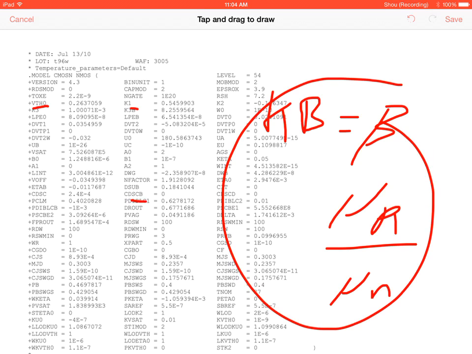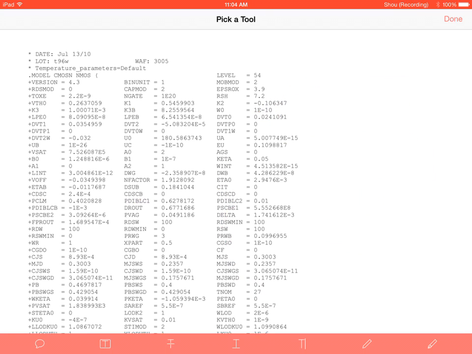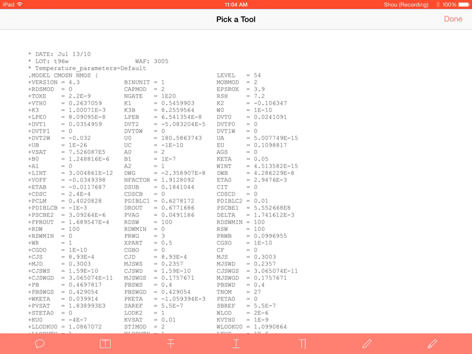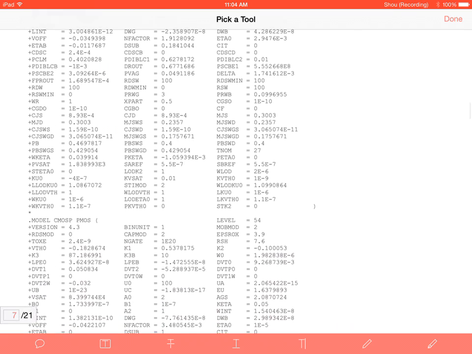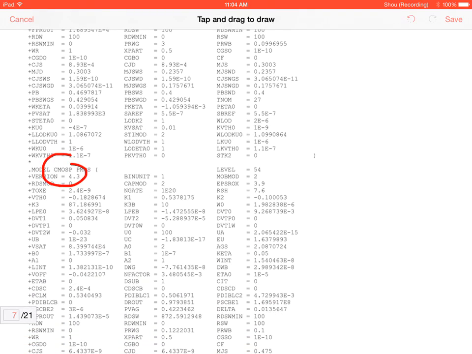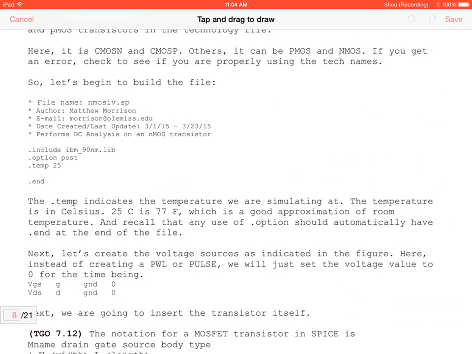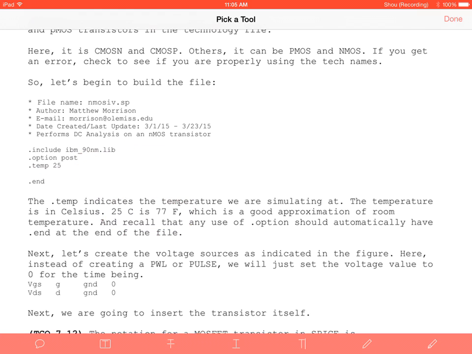So we have a number of capacitance values. The key detail you need to know at this stage is that the model is called CMOS-N here. If you call it NMOS in your SPICE file, you'll get an error saying there's nothing there. Same thing, CMOS-P. So you can include option.post, include, temperature 25 degrees Celsius, and you end.